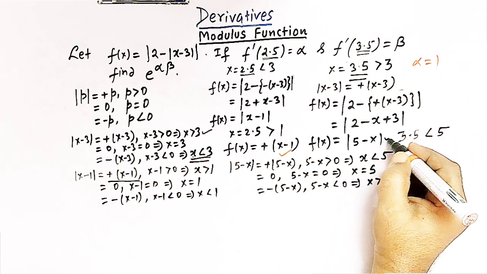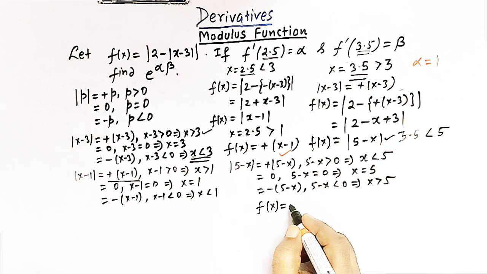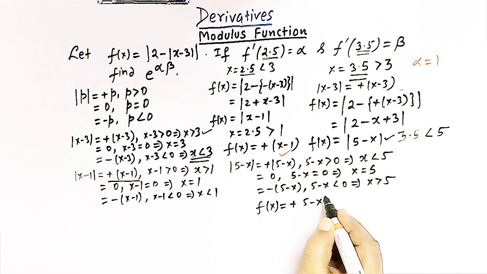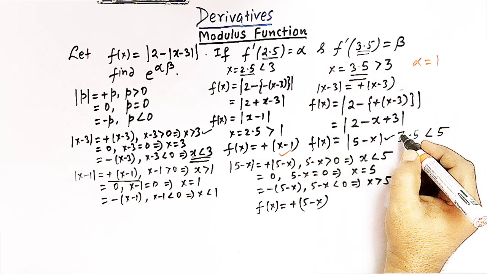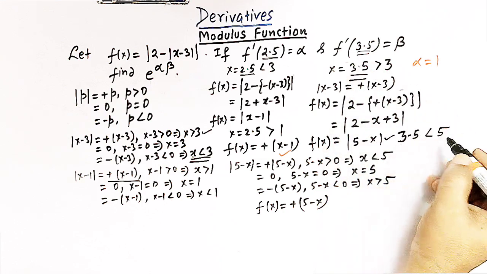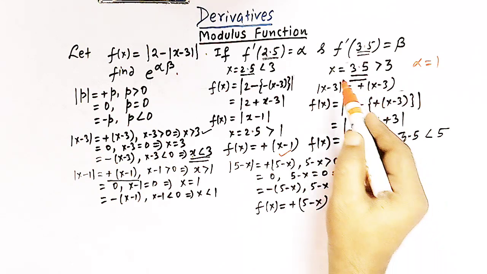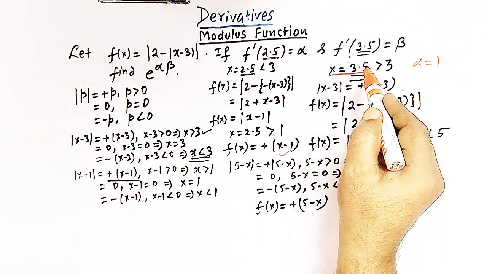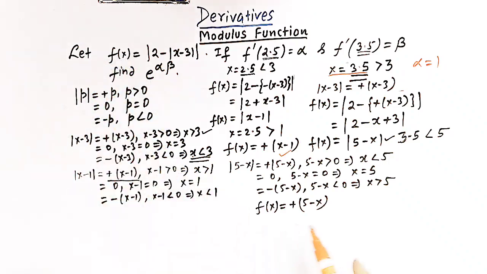So now this function f of x can be written as positive 5 minus x when x is less than 5 and x is 3.5 and 3.5 is less than 5. So in the neighborhood of x is equal to 3.5, the modified form of f of x is given by 5 minus x, and this is again a linear function, right?